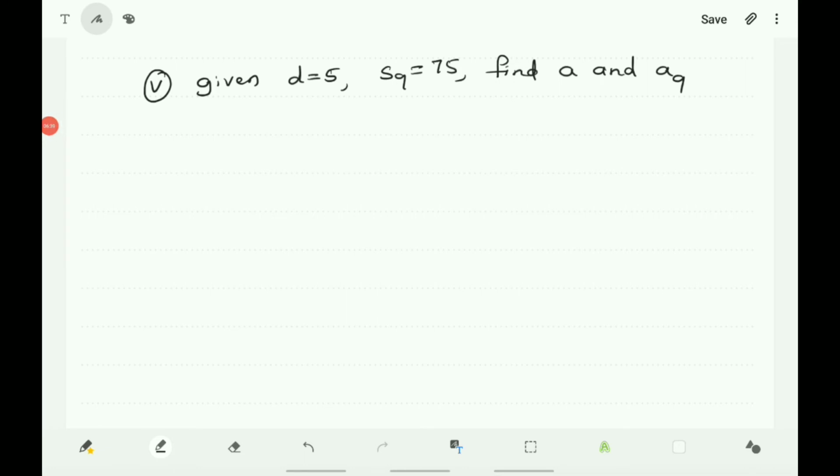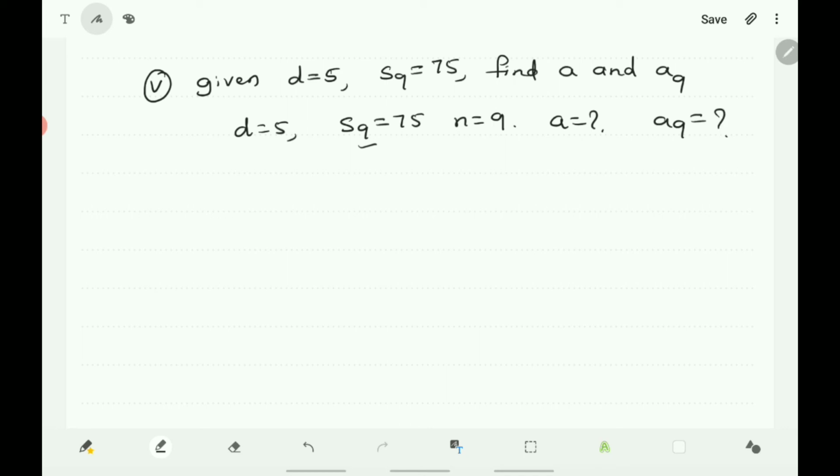Third main, fifth question: given d is equal to 5 and S9 is equal to 75, find a and a9. Here d is given as 5. Then use d equals 5 and S9 equals 75, where S9 means n is equal to 9. a equals question mark and a9 equals question mark.